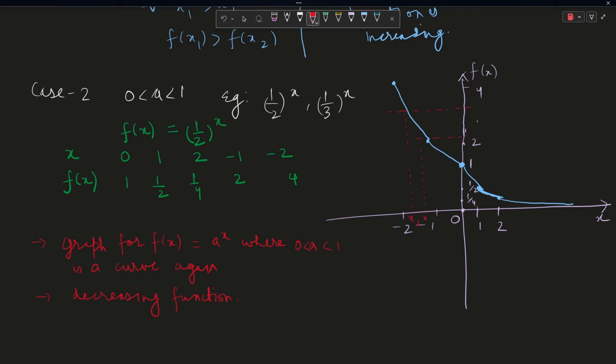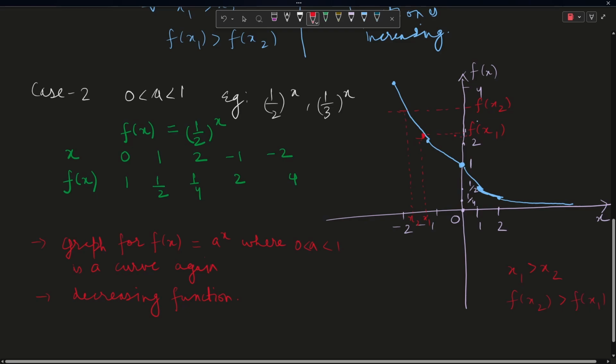This is x2, this is x1. So now we can say that x1 is greater than x2, but f of x2 is greater than f of x1. Or I can say f of x1 is lesser than f of x2.